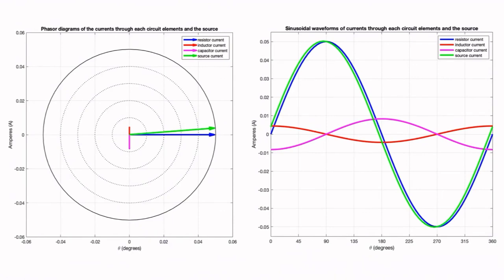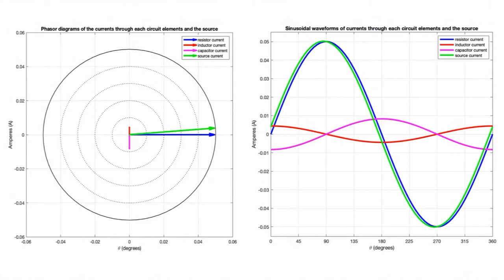So here, in the right image, we have the phasor diagram for the currents, and in the left image we have the diagram for the sinusoidal waveforms. We see that the contribution from the inductor and the capacitor is much smaller compared to the contribution from the resistor.